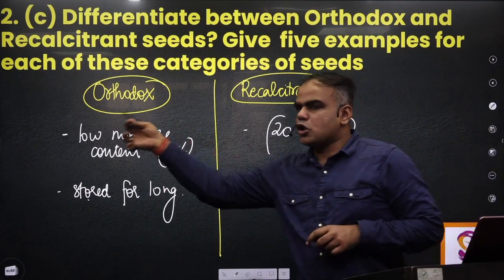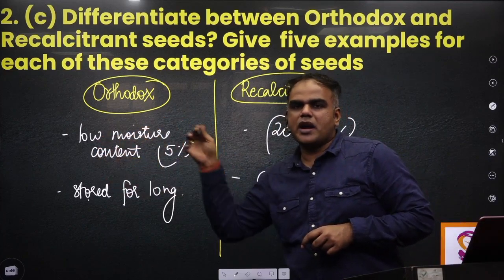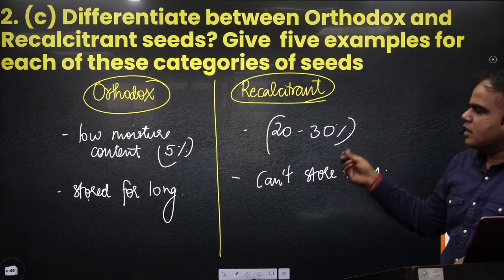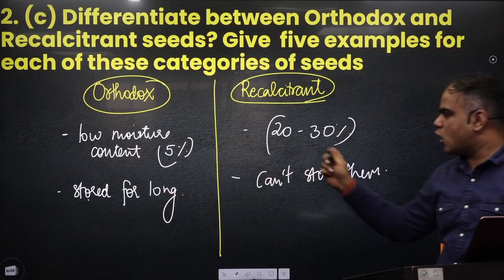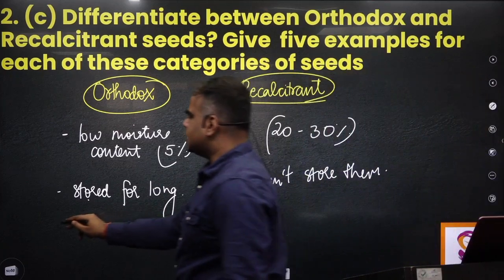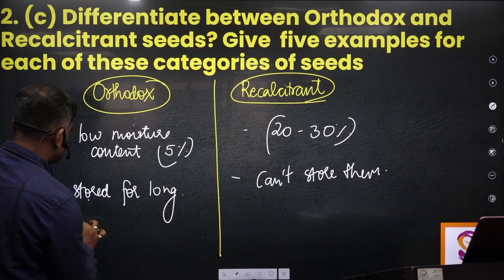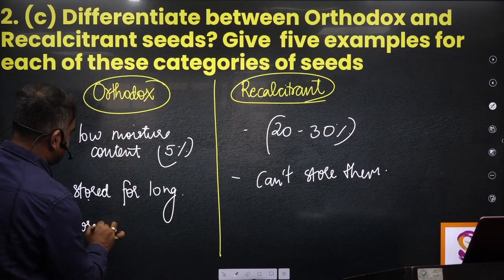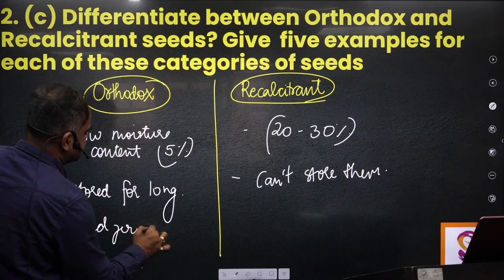Here, it tolerates greater amounts of drying and can be stored for long; this does not tolerate great amounts of drying and cannot be stored for long. This can be stored at 0 or even sub-zero temperatures.